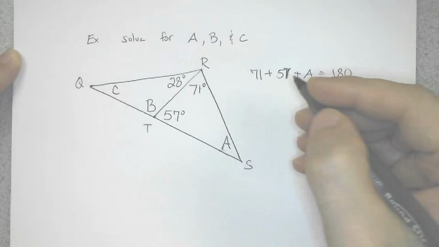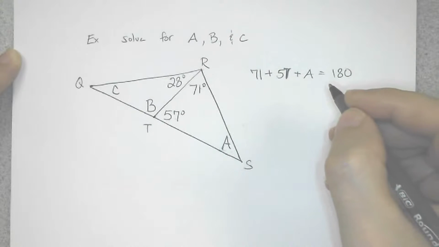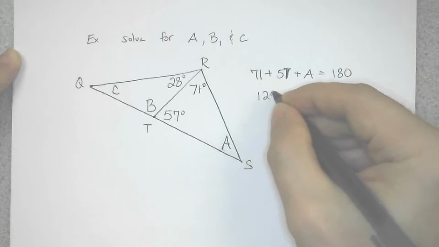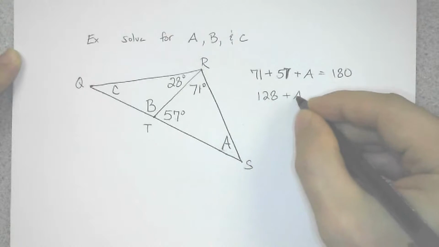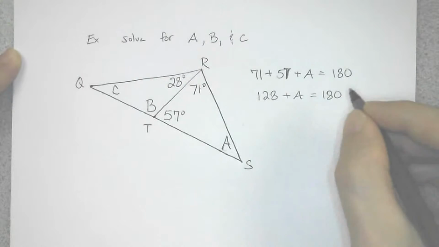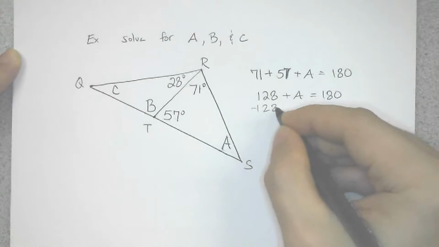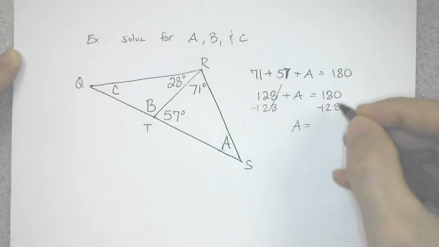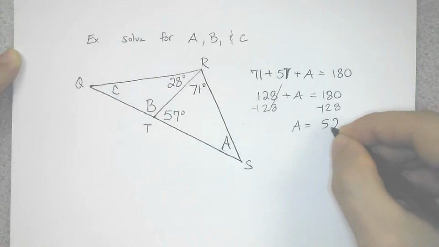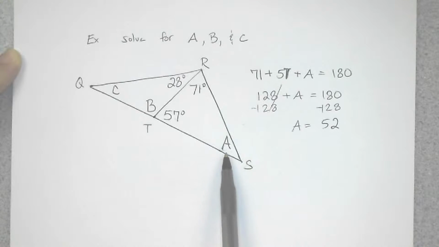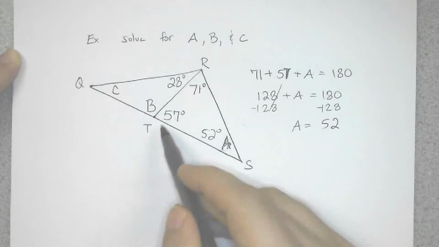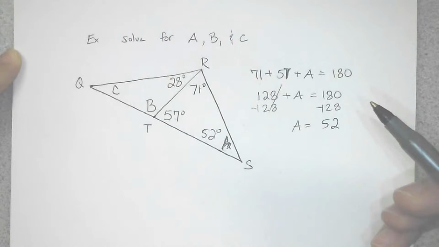So 71 and 57, when we add those, we get 128. So 128 plus A equals 180. Subtract 128 on both sides, and we end up with A equals 52. So right here, we know this is 52 degrees. This triangle, pretty much done with.